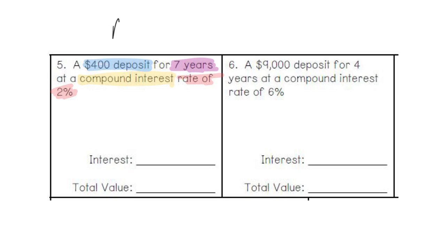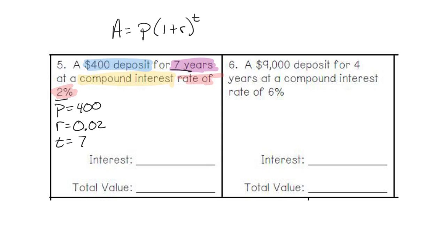So compound interest is account balance equals P times 1 plus the rate as a decimal to the T as an exponent. So account balance is what I'm looking for. Principal is $400. The rate is 2%, but as a decimal, it'd be 0.02, and the time is 7 years.